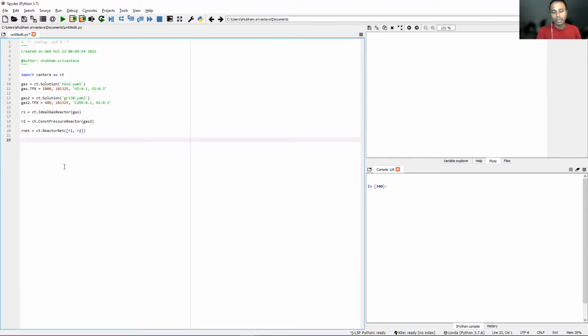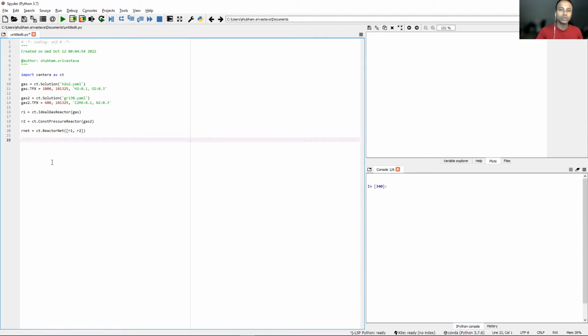And any kind of time stepping or any kind of reaction progress inside a reactor will have to be done through this class called ReactorNet. So here we are connecting the R1 reactor and R2 together using the ReactorNet class. And we're calling this network RNet.